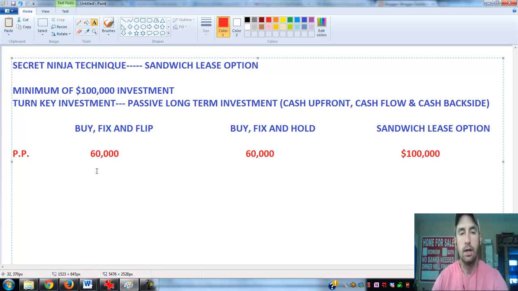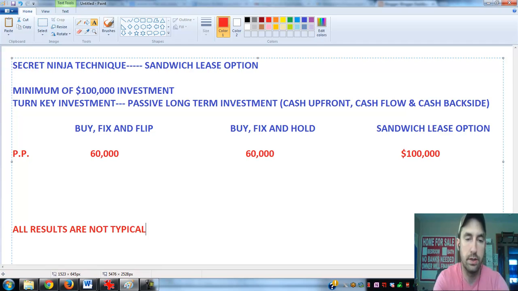The disclaimer I have to give is all of these results are independent of each investment, and these are going to be typical examples. All results are not typical is what they forced me to tell you.